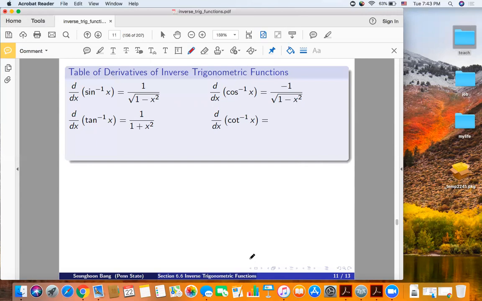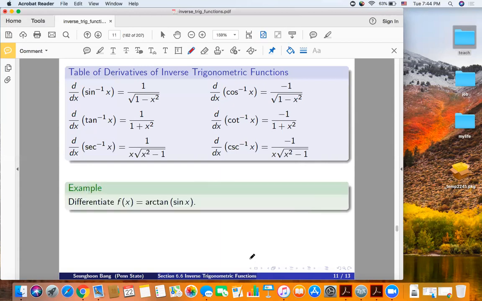Inverse cotangent of x is minus 1 over 1 plus x squared. Inverse secant of x is 1 over x times the square root of x squared minus 1. Inverse cosecant of x is minus 1 over x times the square root of x squared minus 1.